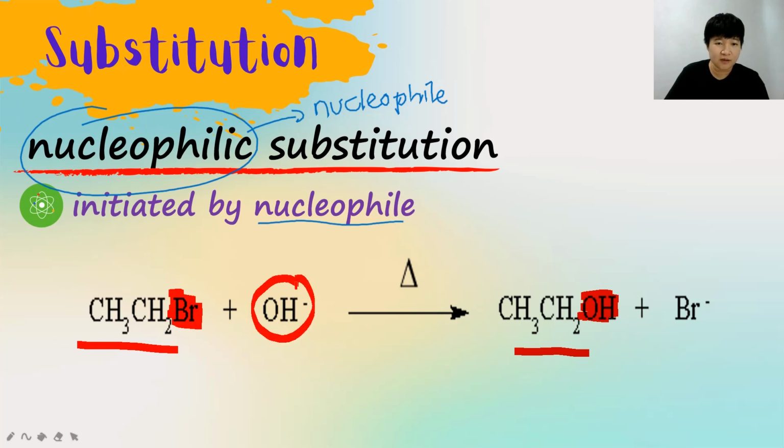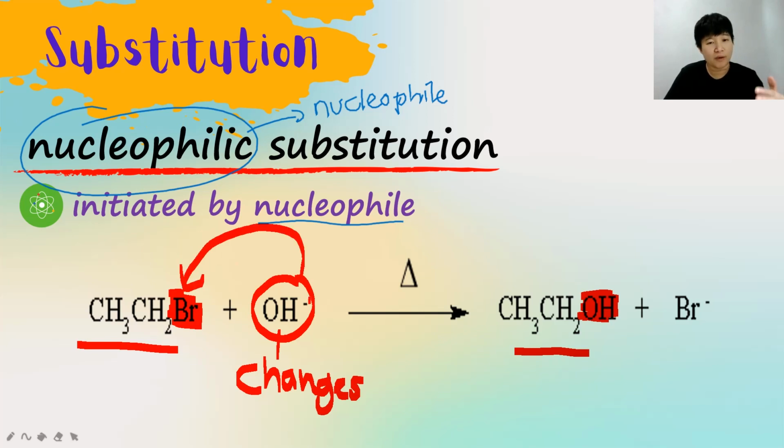OH is the one making changes, or in other words, OH is the one that replaces Br. So when OH replaces Br, OH gets the name of the substitution. OH is negative over here, therefore OH is a nucleophile, and the name will be nucleophilic substitution.